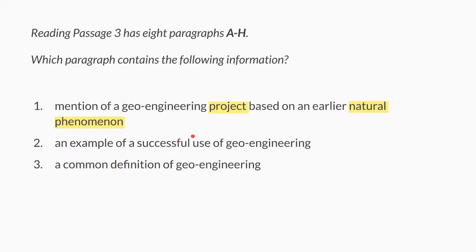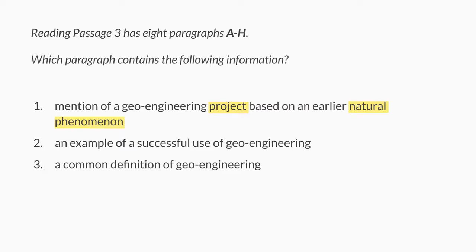In such a case, I'm trying to keep my keywords to a minimum. I don't want to mark too many keywords because otherwise I can't hold them in the back of my mind. So it's best to stick with the best keywords. The easiest keywords in this case, project and natural phenomenon, are pretty good keywords. When I say keywords, I'm mainly referring to subject, object, and verbs.